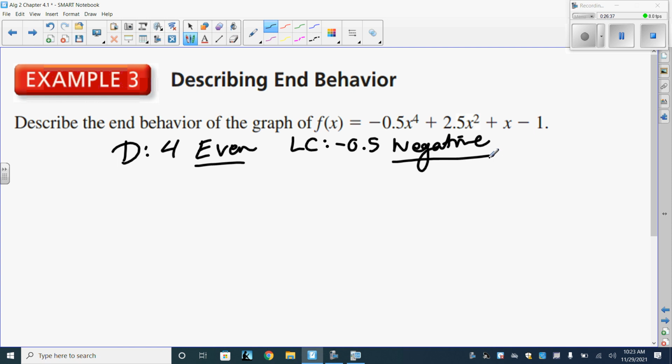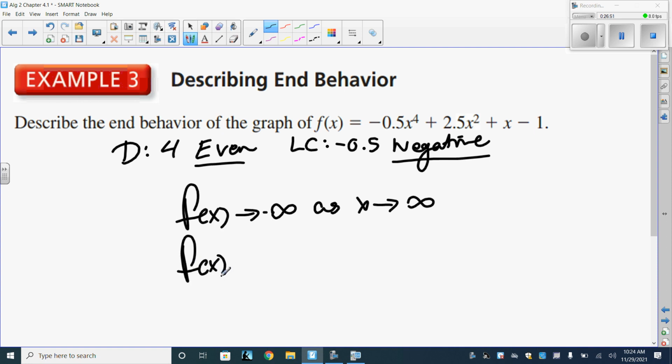So our even and negative tells me that f of x approaches negative infinity as x approaches infinity, and f of x approaches negative infinity as x approaches negative infinity.